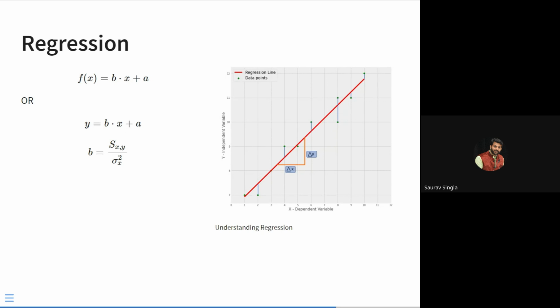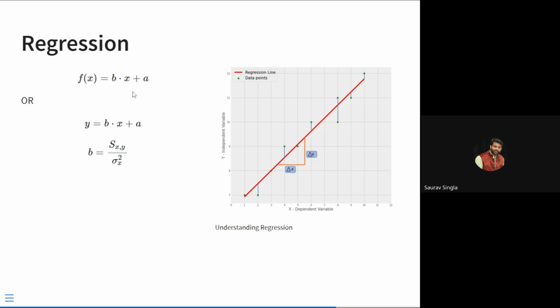Now coming back to this, there are two forms of regression. One is f(x) = bx + a, another is y = bx + a. Now what is the difference?